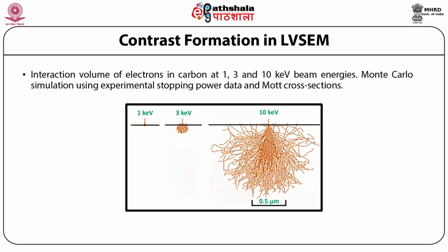At high beam energies, more secondary electrons are emitted so that the beam penetration contrast, the topographic contrast, and the detector efficiency contrast all contribute to the SEM image, and a face tilted towards the detector is bright because these collect most of the secondary electrons. Also, the face tilted away from the detector emits more secondary electrons than at normal incidence, but a smaller fraction is collected by the detector.